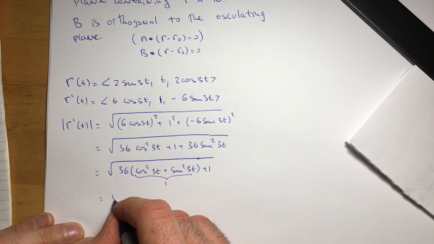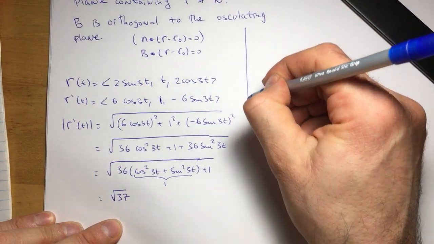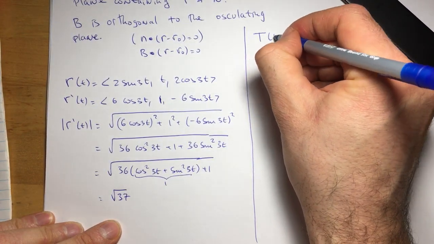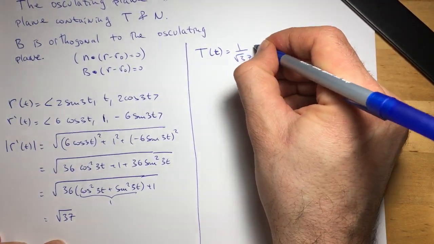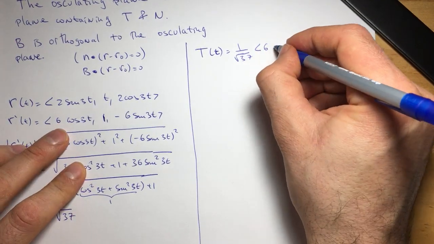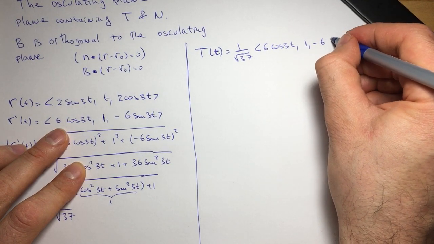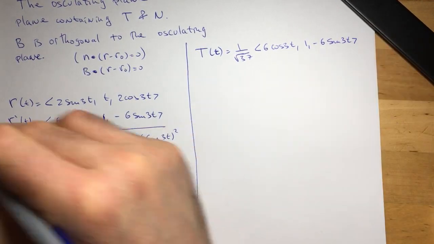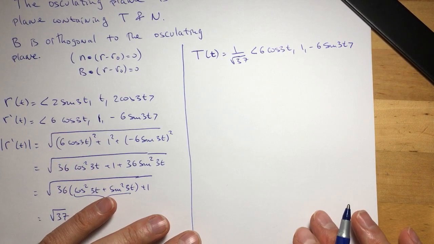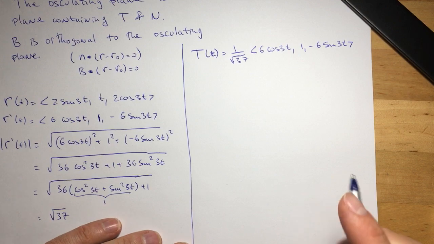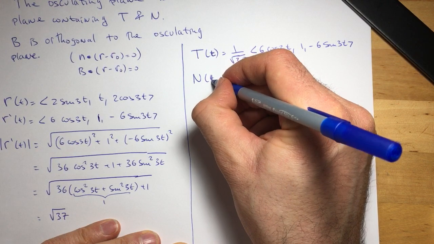This identity is 1, so I end up with square root of 37. Which means that the unit tangent vector at any t is 1 over square root of 37 times 6 cosine of 3t, 1, negative 6 sine of 3t. And now you can confirm whether in the previous example we got the right unit tangent vector when t was equal to pi.